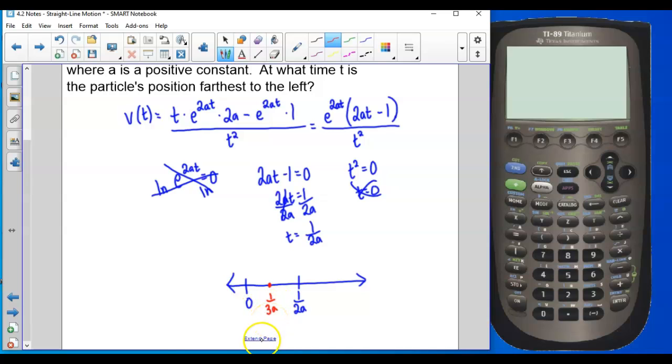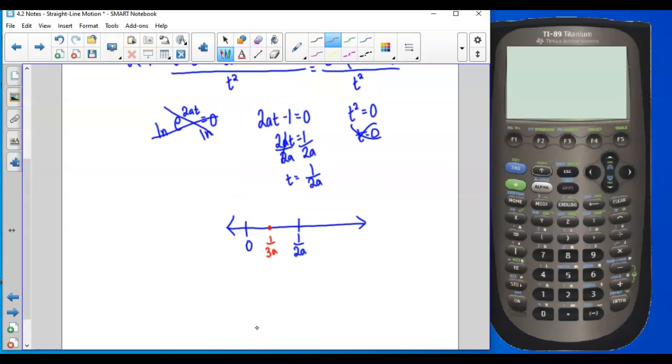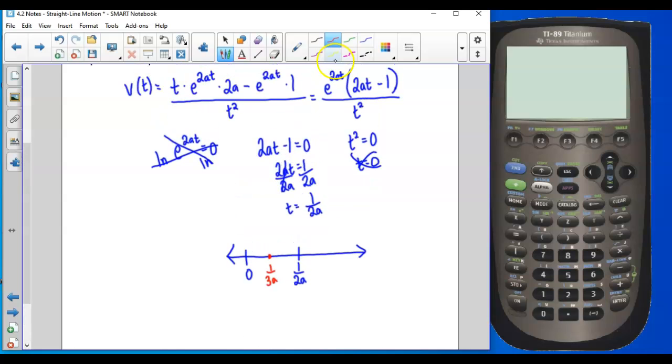So if I plug in 1 over 3a into my derivative, I'm going to have e to the 2a times 1 over 3a, minus 1, over 1 over 3a squared.